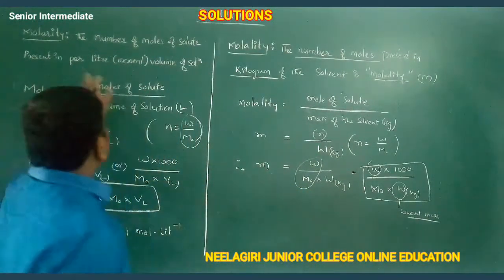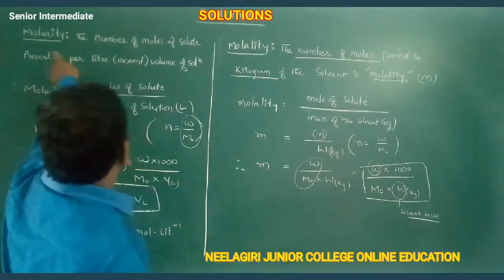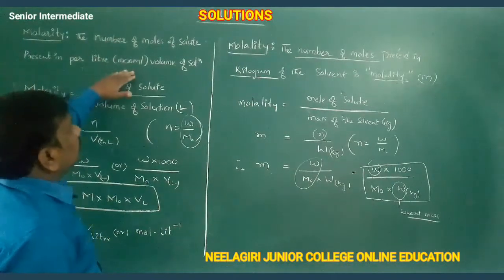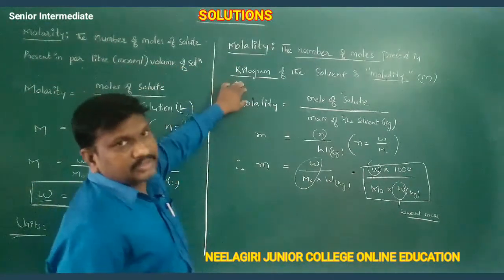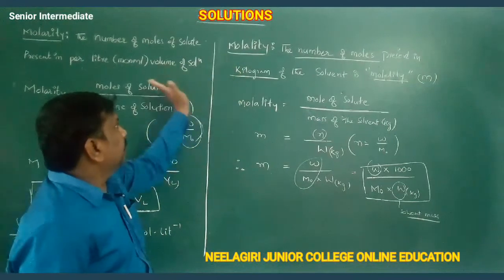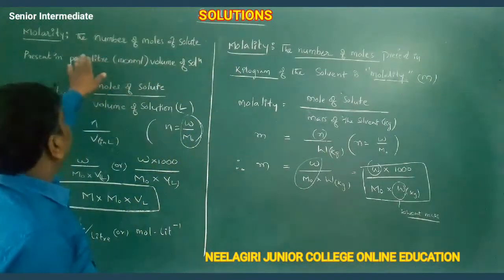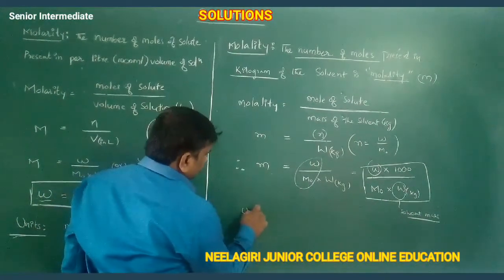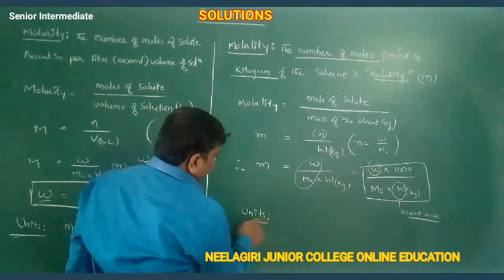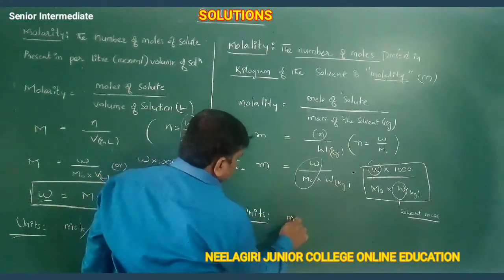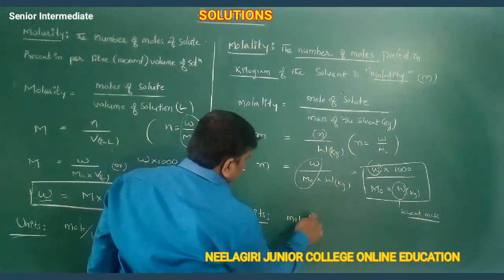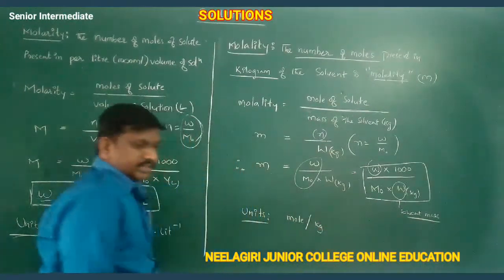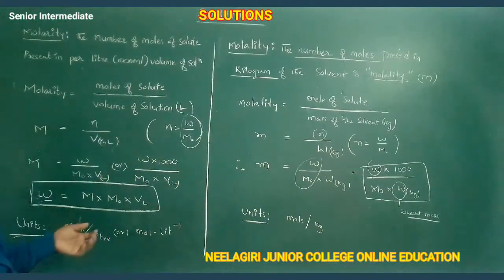So compare these two, it is very important. Molarity is in volume; molality is in grams or kilograms. So this is the difference between molarity and molality. Units: mole per kilogram, or mole per kg or grams.